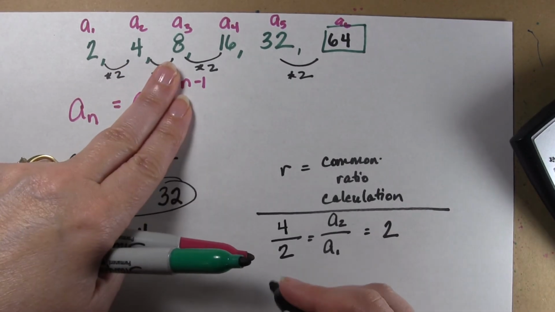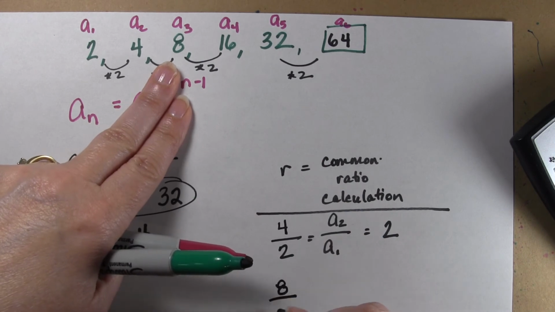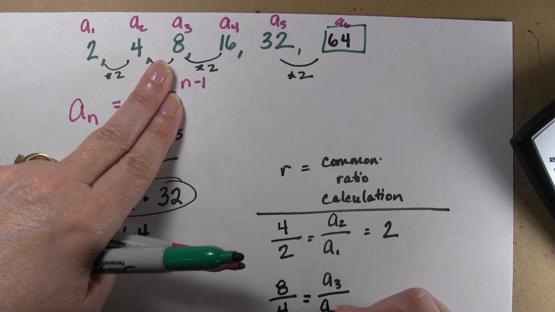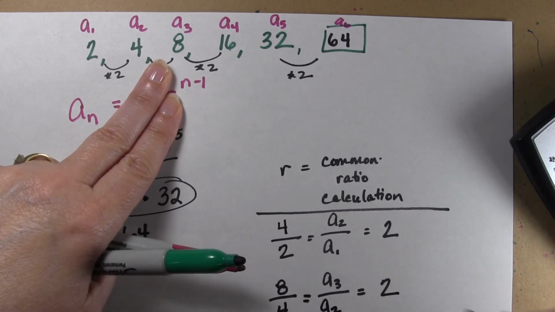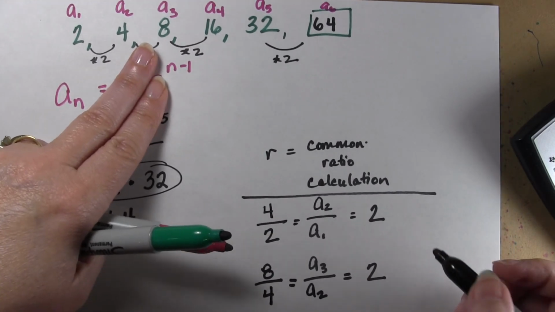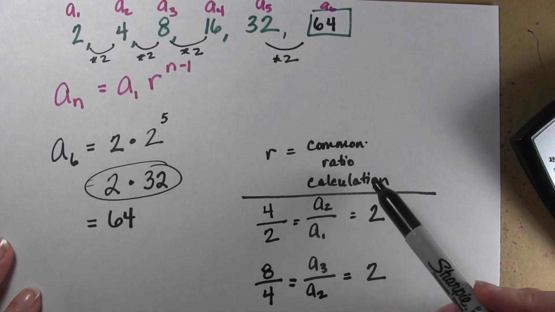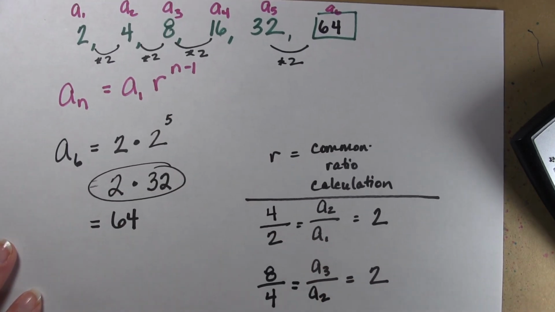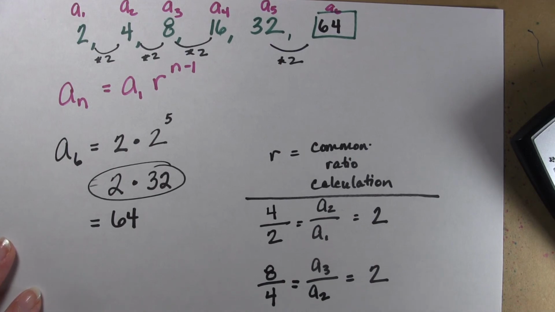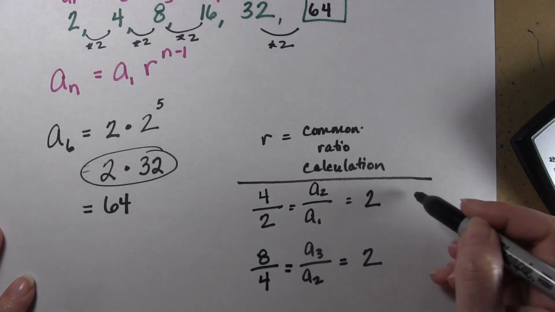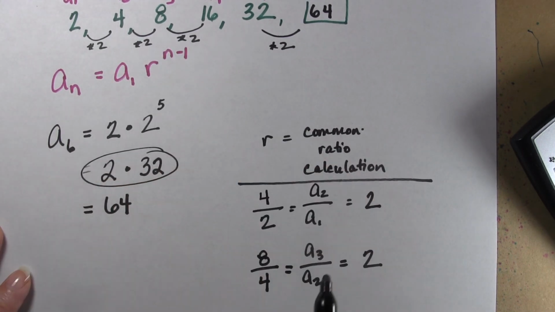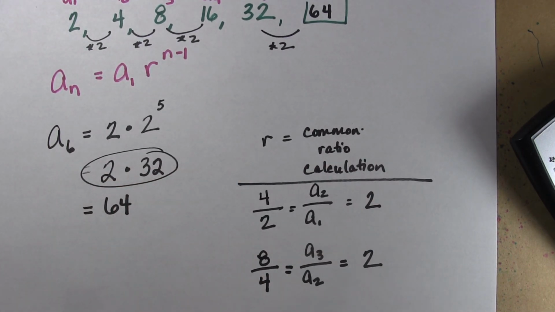And then 8 divided by 4, that would be a sub 3 divided by a sub 2, which is also 2. Right? So to calculate the common ratio, you just take one term and divide it by the previous term. If it is a geometric sequence, then all of these common ratios will be the same because you're always multiplying by the same number in order to get to the next number.